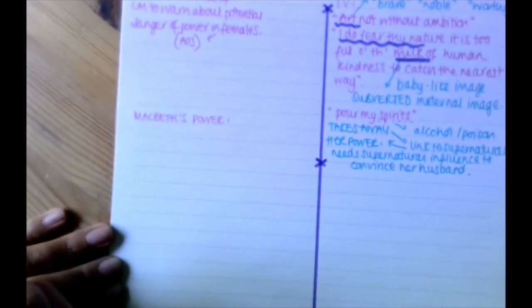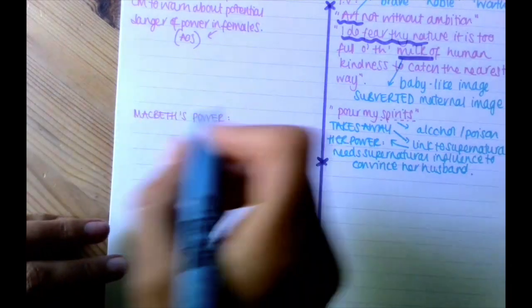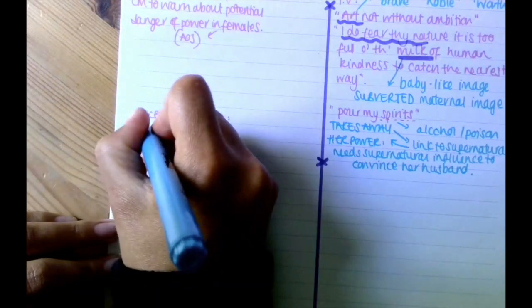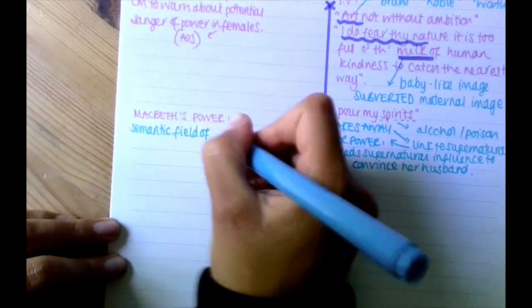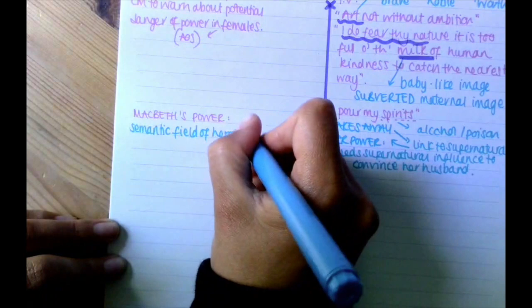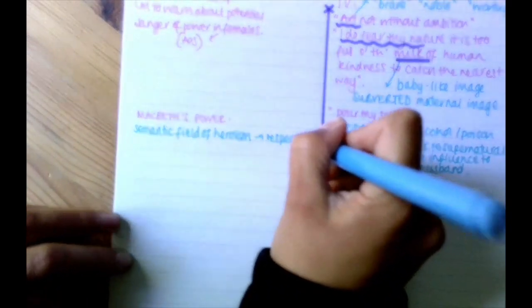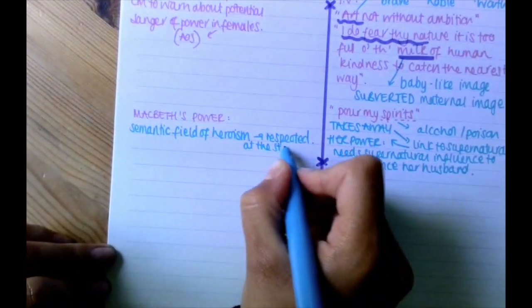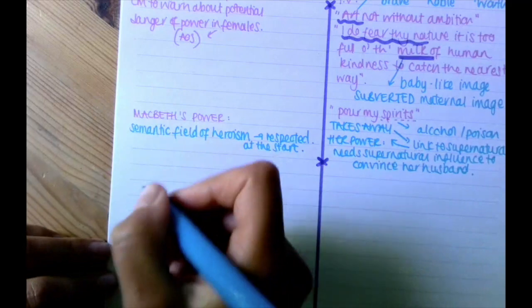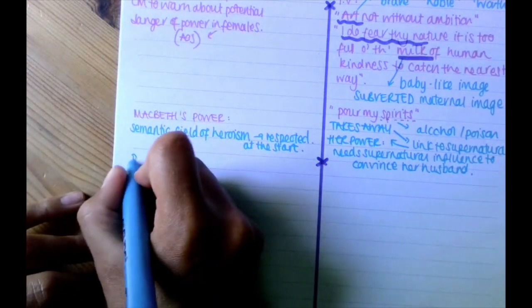In the eyes of society, he is powerful because you can use the semantic field of heroism. He is respected at the start. What he also realises is that his power is limited.